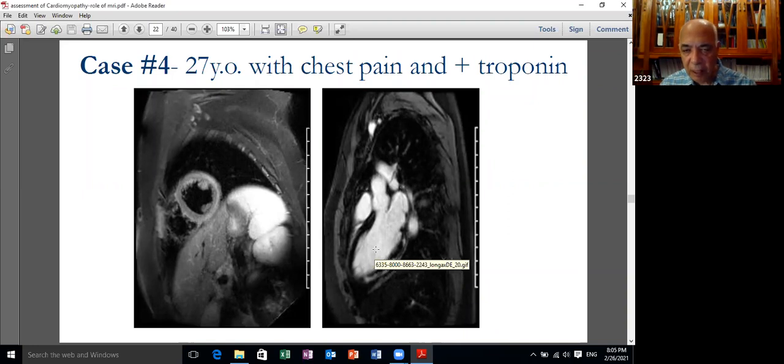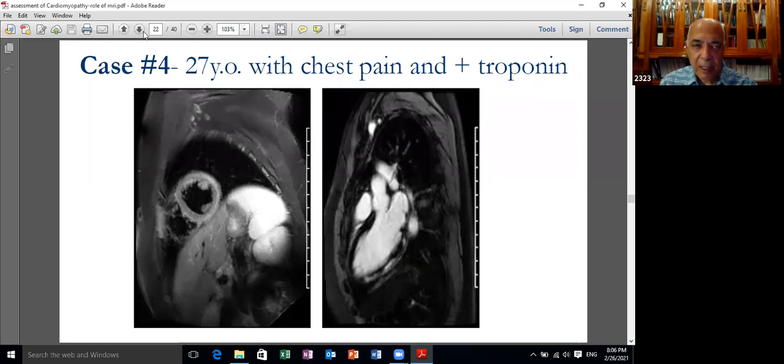So this is a typical finding of myocarditis. So in myocarditis, you can get a delayed gadolinium enhancement, and the important feature which makes the diagnosis of myocarditis is that it's epicardially based. You get a perimyocarditis. So this is different from the endocardially based delayed gadolinium enhancement, which is characteristic of ischemia.